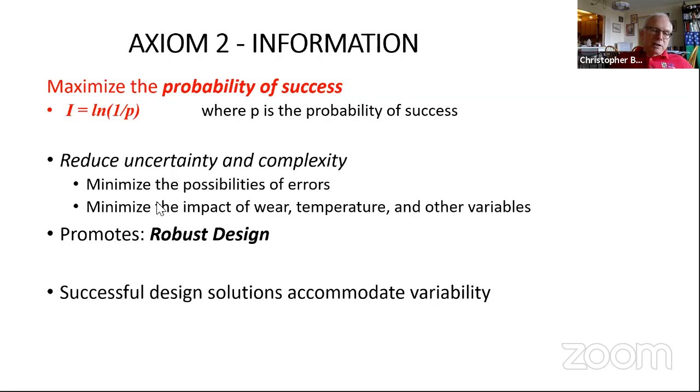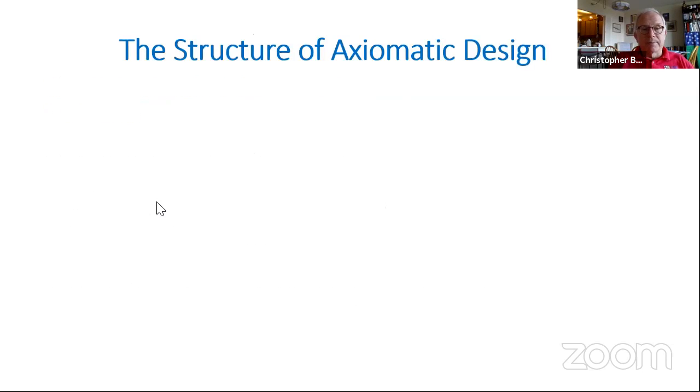It's k log W. It's also related to Shannon's information. So the idea is to reduce uncertainty and complexity. So minimize the possibilities of error, minimize the impact of wear, temperature, and other variables. So this is robust design. So successful solutions will do a better job at accommodating variability or change.